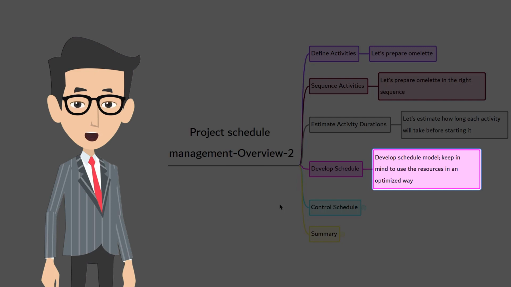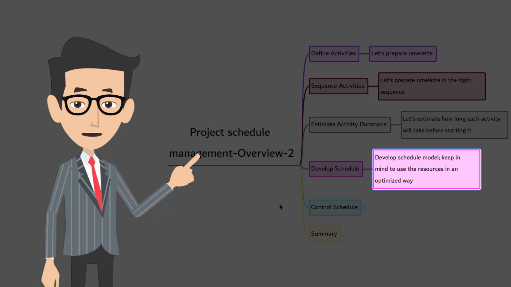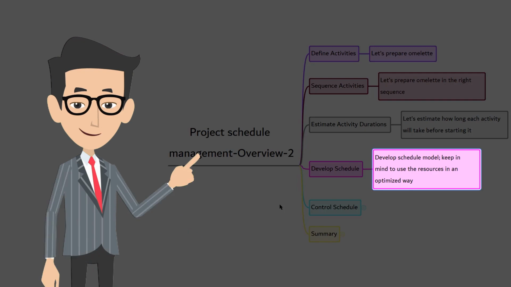The process of analyzing activity sequence, duration, resource requirements, and schedule constraints to create the project schedule model for the project execution and monitoring and controlling is called develop schedule. I know it's a long definition.